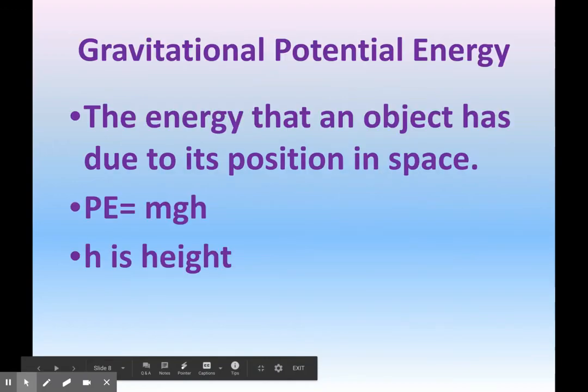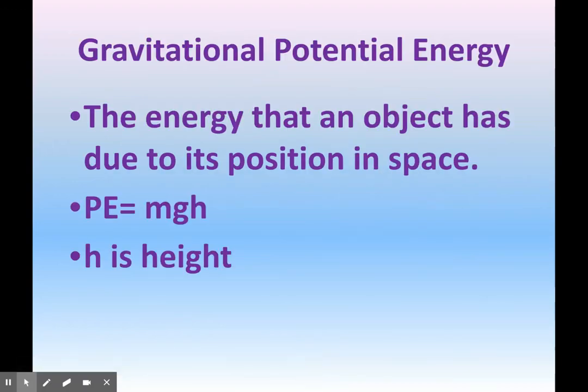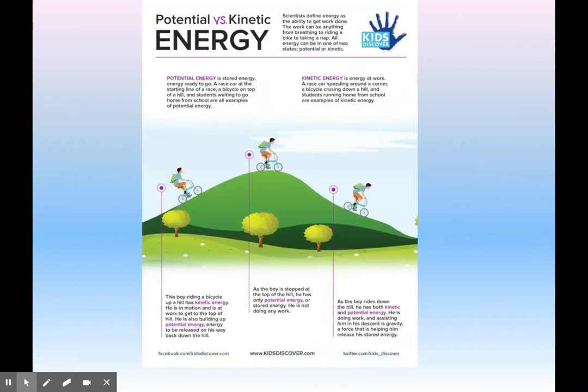Potential energy is going to be based on the gravity of the object. So it's going to depend on the object's position, how far away it is from the Earth. So potential energy is mass times gravity times the height. If we look at the guy riding the bike, the more he goes up the hill, the more potential energy he's gaining.